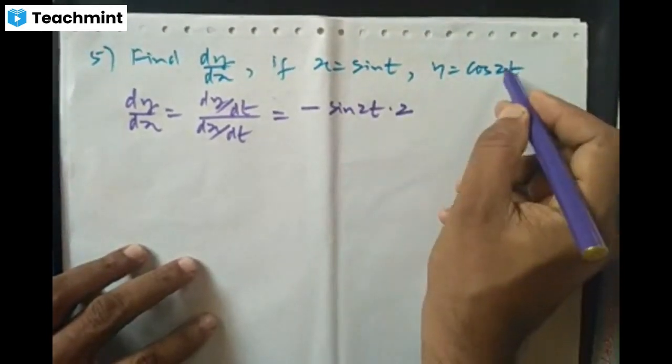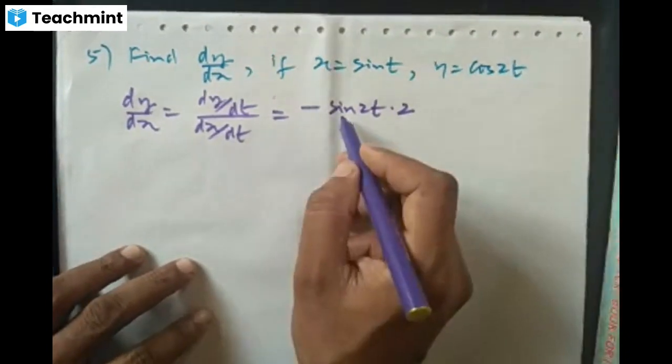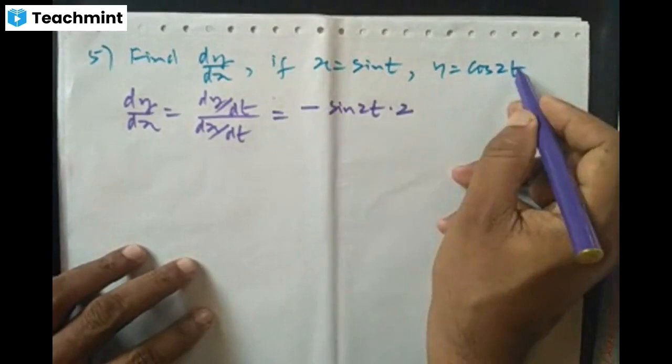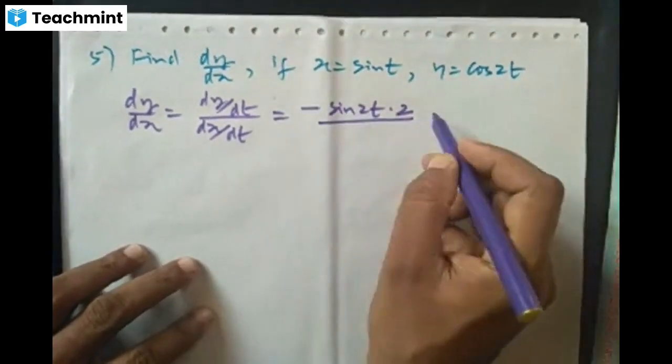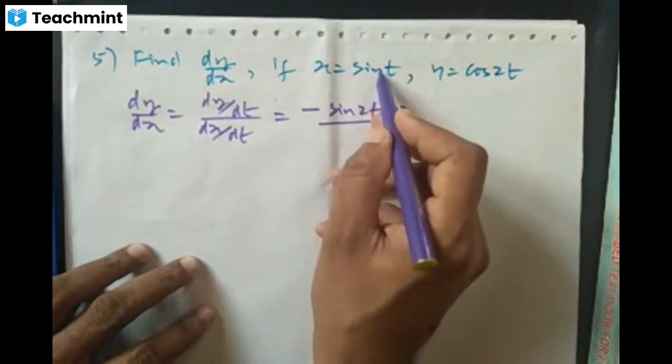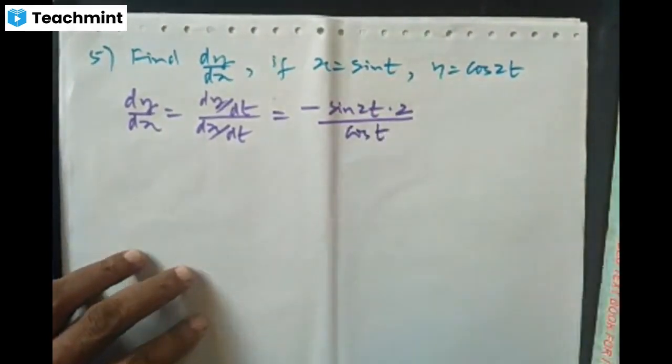I have used chain rule because cos 2t is a function of a function, a composite function, right? So minus sin 2t into 2, divided by dx by dt. Derivative of sin t with respect to t is cos t.